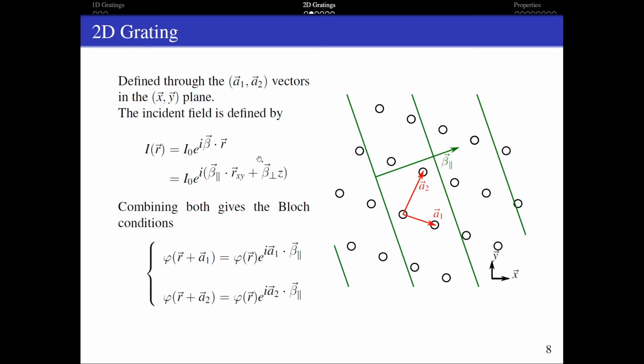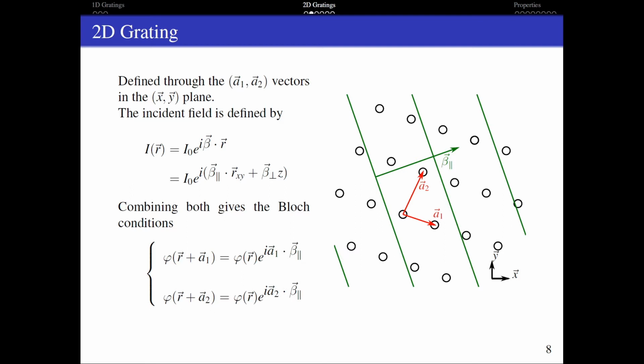And we can, once again, try to figure out the Bloch conditions, except that we are going to inject the vectors A1 and A2 inside this formula on the left, and we are going to get our two Bloch conditions that our field will need to obey next.